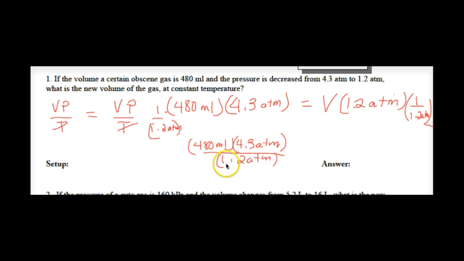Okay, so an important thing for you to learn to do is this idea of the setup, because on the regions, they'll ask you questions when they won't even want you to necessarily plug it into your calculator and get a final answer, but what they'll want to know is that you can read this problem, you can pull out the initial volume, you can pull out the initial pressure, you understand that there's a new pressure, you understand that you're solving for a new volume, and they want to know that you know how to isolate this new volume by itself algebraically.